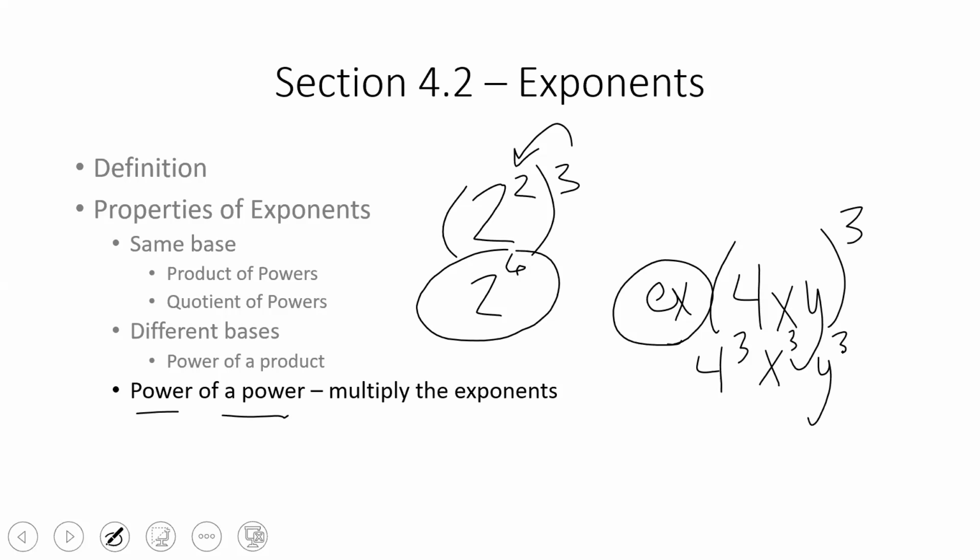But imagine that each of these pieces has a 1 there. And we're doing that same thing. We're multiplying the exponents as we go along. So 4 to the 1 times 3, so that's the third power. And the same for that x and that y. Here, this one's not too bad to simplify at all. So this can just go ahead and become 64. Again, that's 4 times 4 times 4. Then we have x cubed, y cubed.